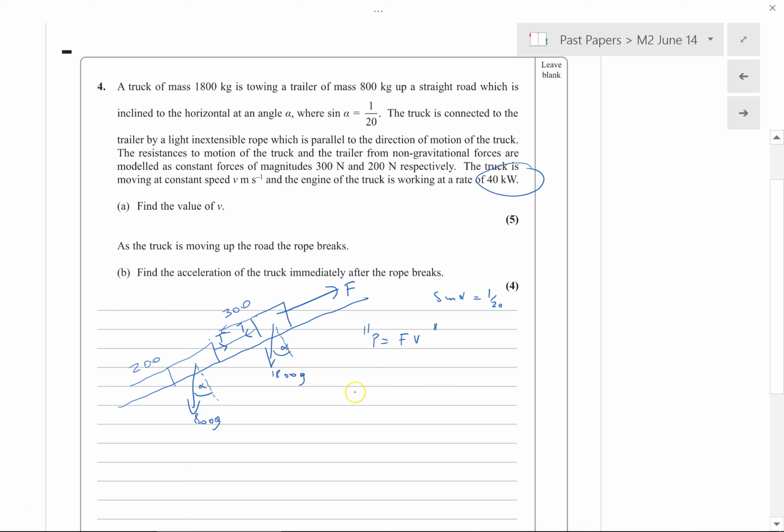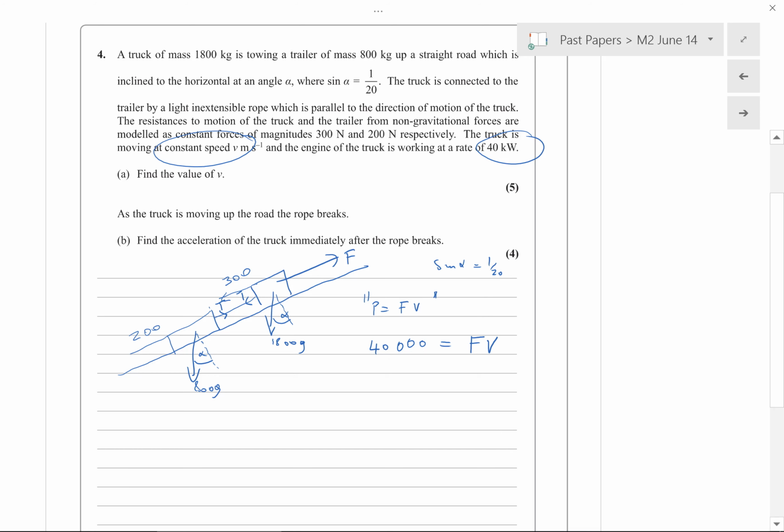We can work it out in terms of the velocity, because we want to work out the velocity, so we can connect the two. We can say that 40,000 is equal to force times velocity.